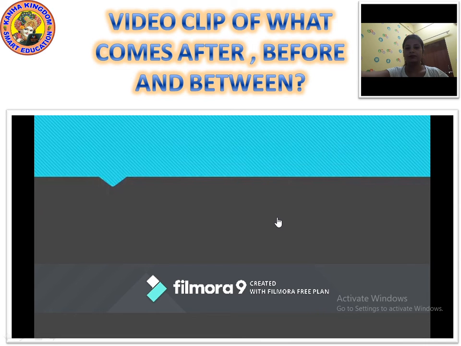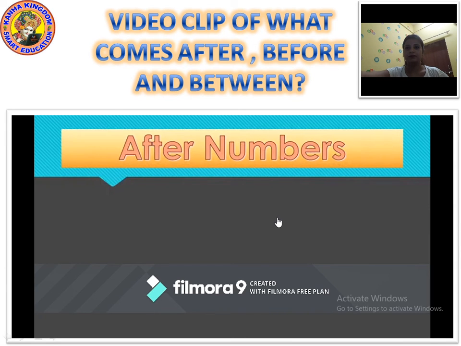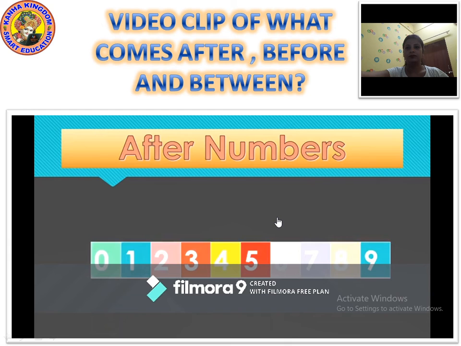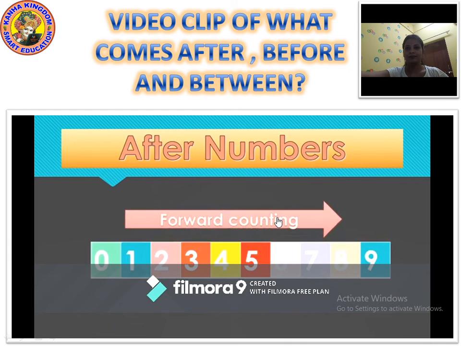Let's learn about after numbers. When we count the numbers in forward direction, then we get the after numbers. For example, which number comes after 1? Yes, 2. Now tell me which number comes after 2? Yes, 3.